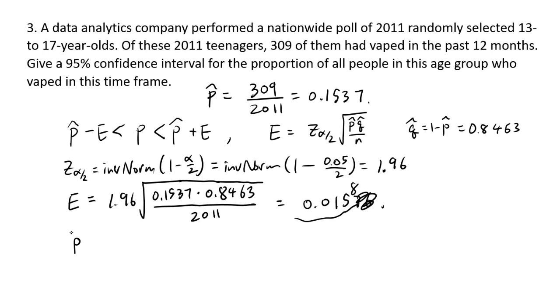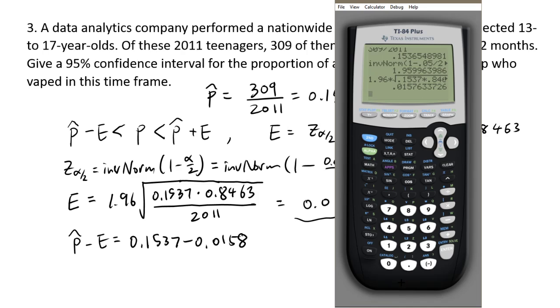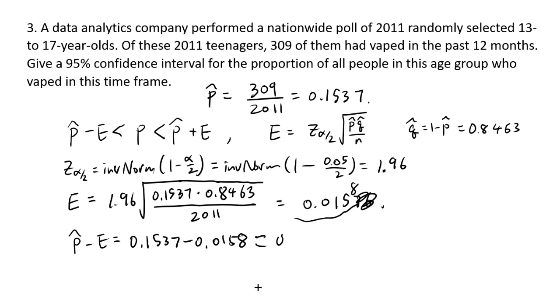Then we can do P hat minus E as 0.1537 minus 0.0158, and that's 0.1379.